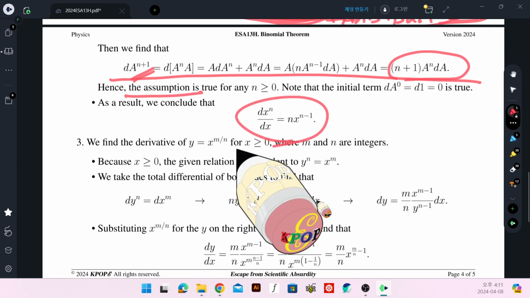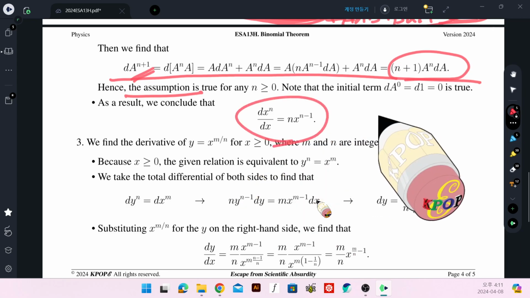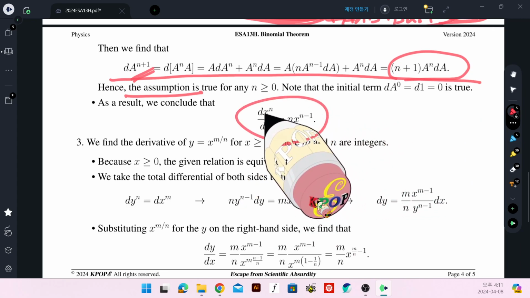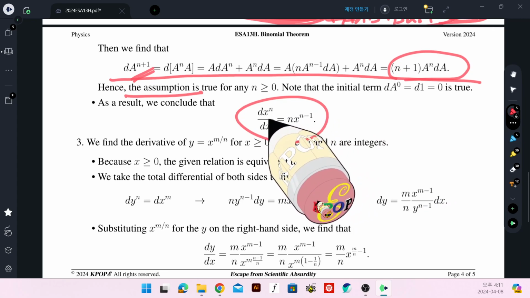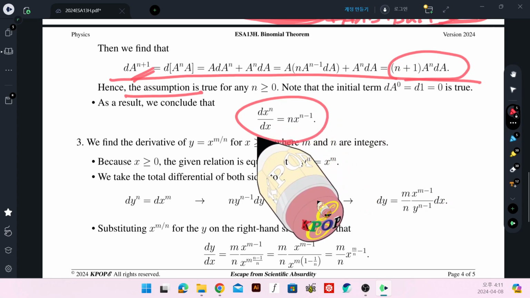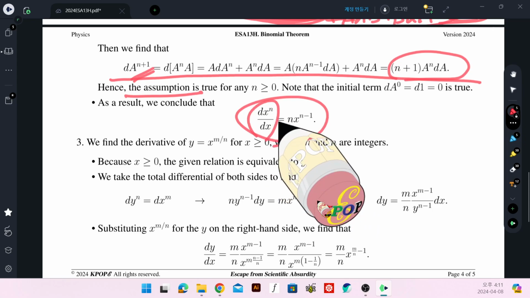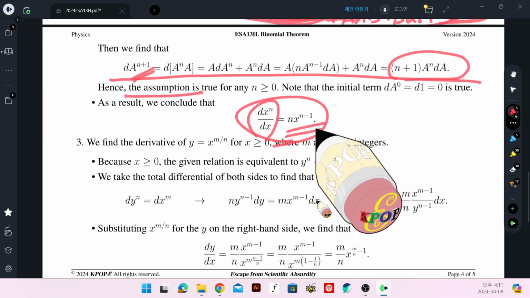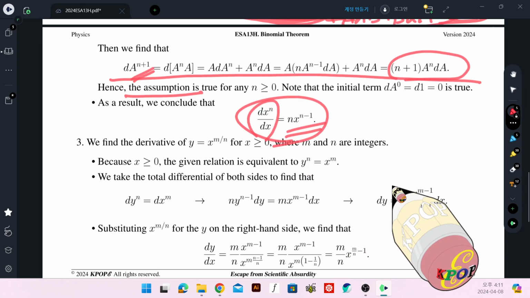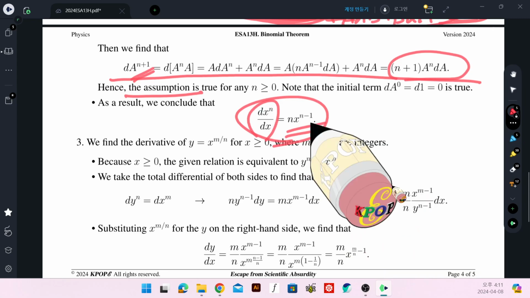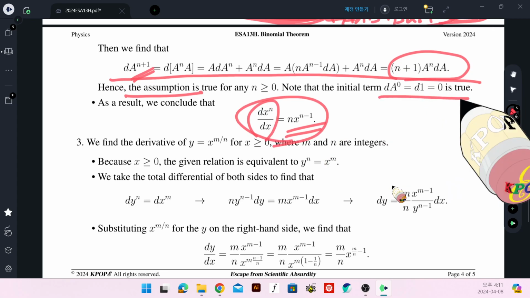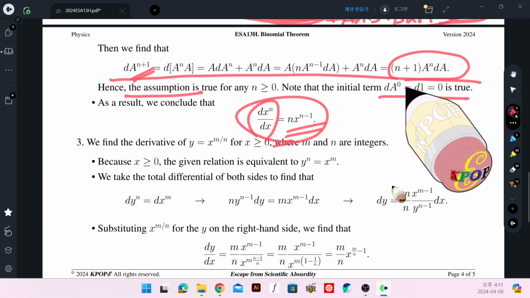So this is the case when we have a power of n of a variable x, then the total differential of x to the n is identical to this for whatever non-negative integer. In the special case, A to the 0, we have a constant.